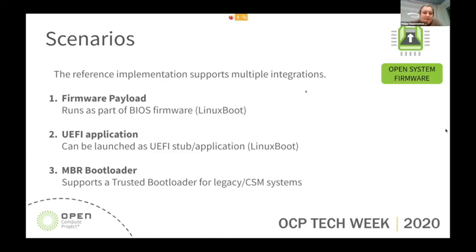The scenarios for integrating it into your platform are: you can use it as a firmware payload, so you can put the StBoot Linux boot package into your UEFI or coreboot firmware. You can run it as a UEFI application, so you can compile the Linux boot kernel as a UEFI stub and launch it after the UEFI firmware started, or you can also use it on legacy systems. For all of these, we made sure that signature verification and measured boot is possible from the firmware level.